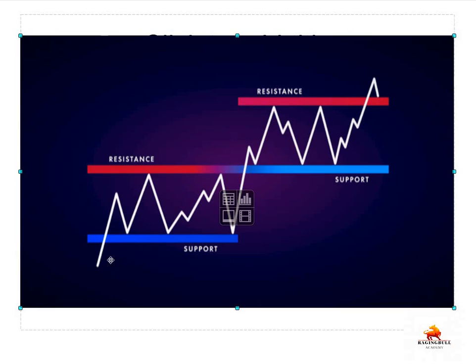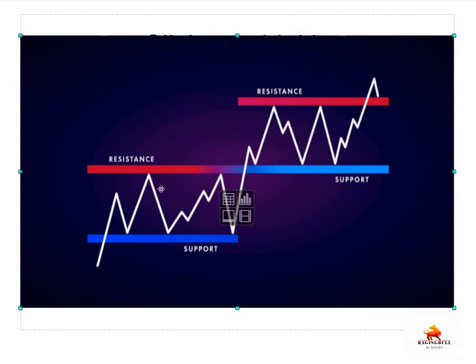Stock goes up, comes down, hits a low, then goes back up, comes down, hits another low, goes back up, comes down, hits another low. So what it does is it creates a support for you. At the same time, on the other hand, it's creating a resistance because that's where it's bouncing off and coming down from. Okay, so what ends up happening is this support and resistance, it's playing along. So this is what we call consolidation.